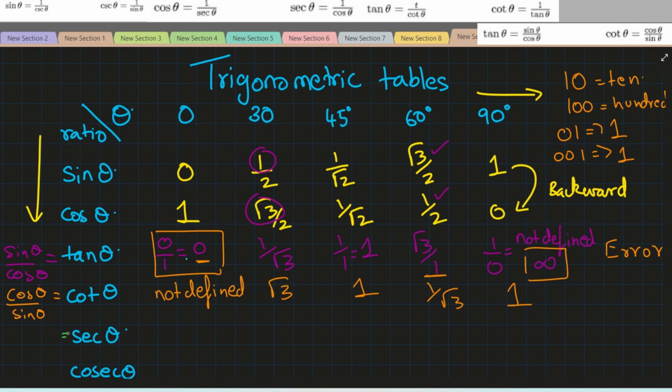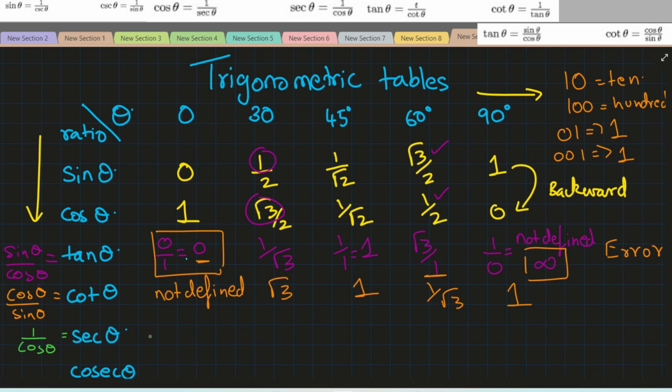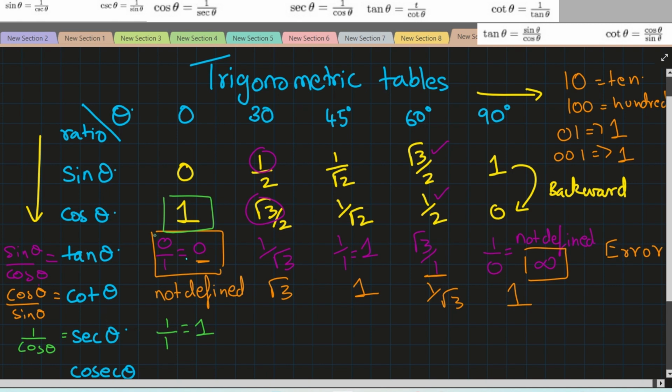Sec theta has a relationship with cos theta. So the value of sec theta is nothing but the reciprocal of cos theta. For example, sec theta is equal to 1 upon cos theta. So cos theta at 0 is 1. Therefore, the sec theta will be 1 upon 1, which will give you 1. Cos theta at 30 is root 3 by 2. So sec theta will be 1 upon root 3 by 2, which will give you 2 upon root 3.